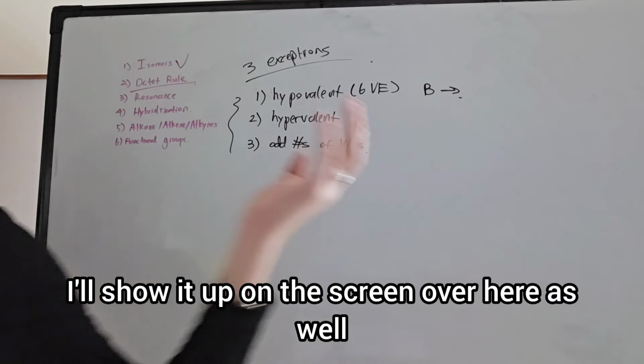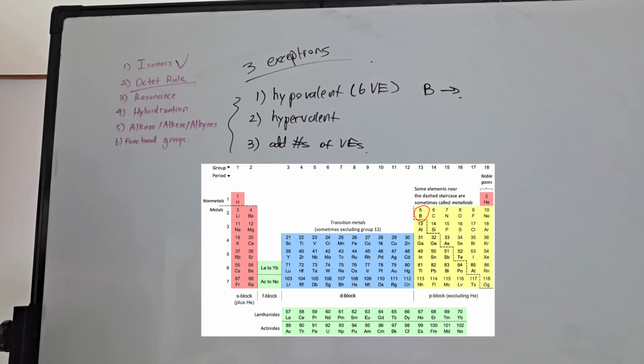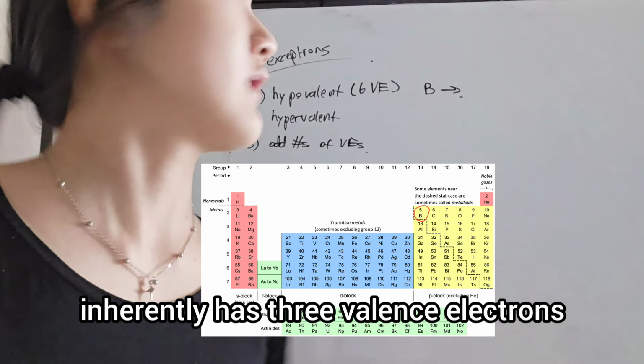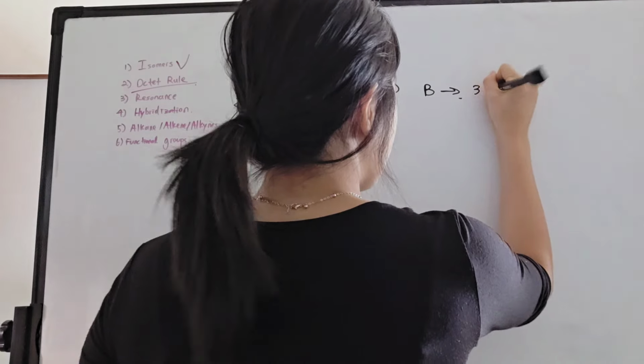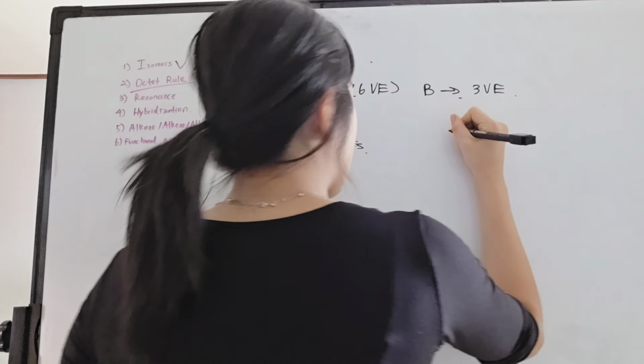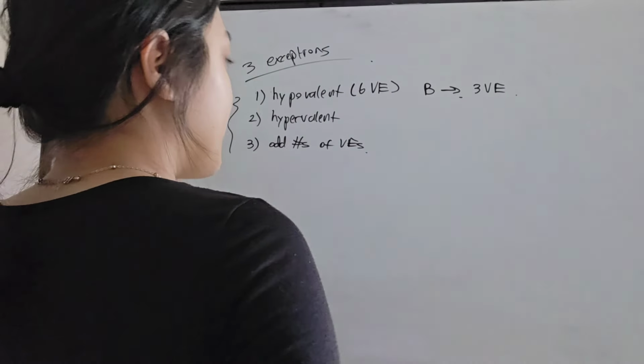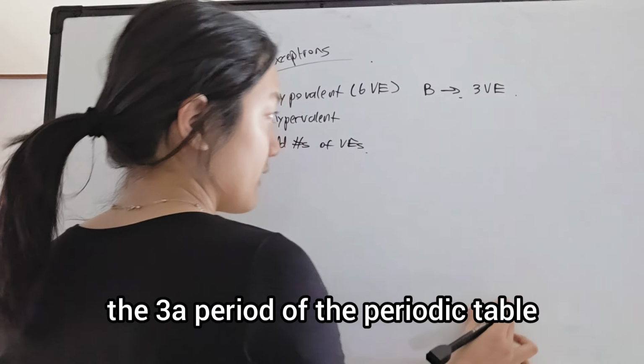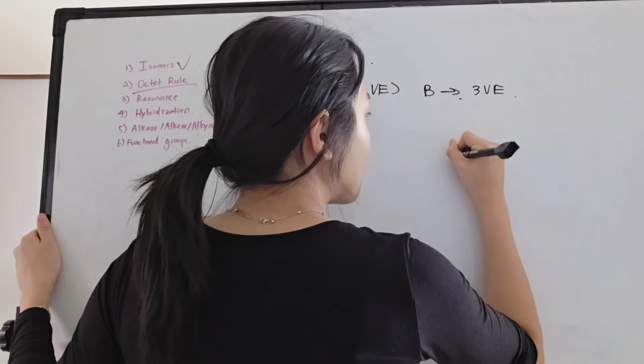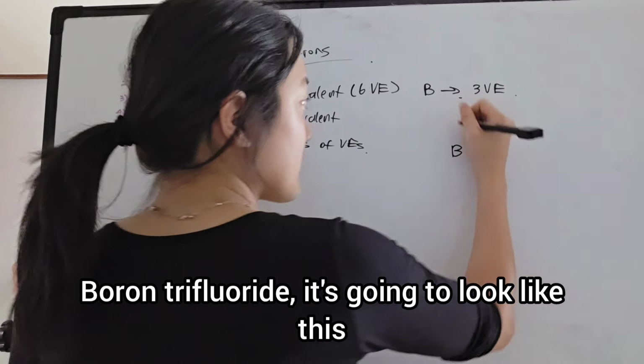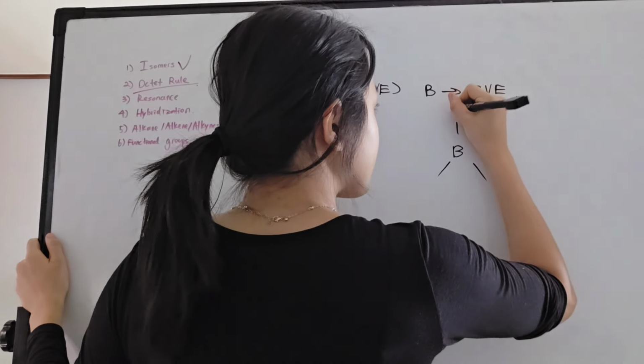I'll show it up on the screen over here as well. Boron inherently has 3 valence electrons because it's in the 3A column of the periodic table. If we try to draw boron trifluoride, it's going to look like this.